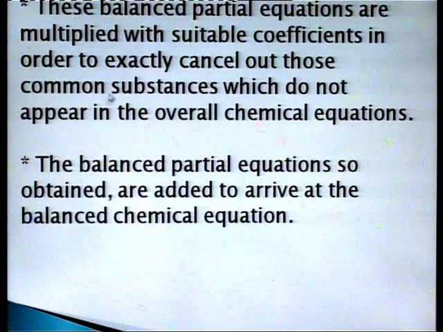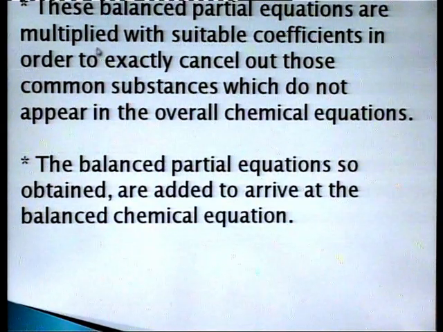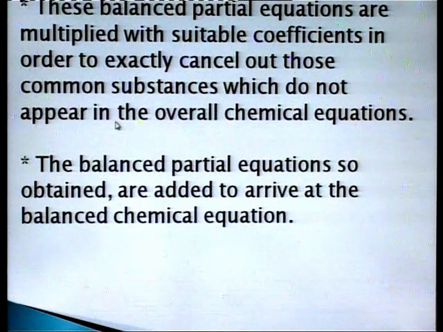During the formation of partial equations, some intermediates are formed, but at the last we have to cancel those intermediates. So, this point tells us about the cancellation of those intermediates which are formed during the formation of partial equations, means these intermediates should not appear in the overall balanced chemical equation.